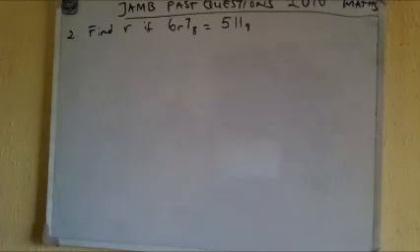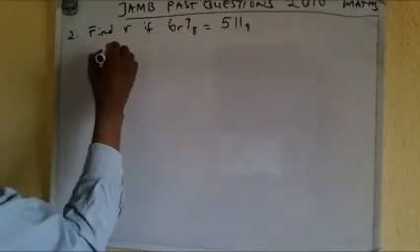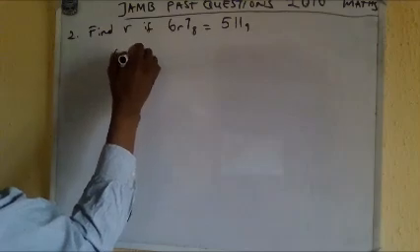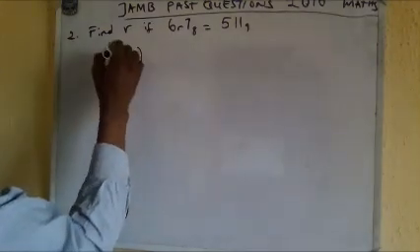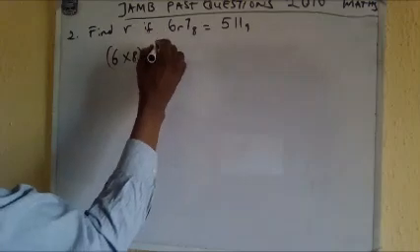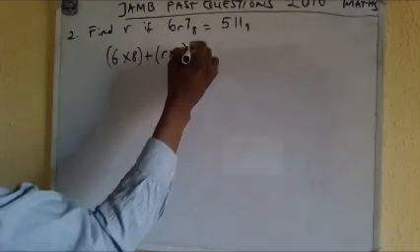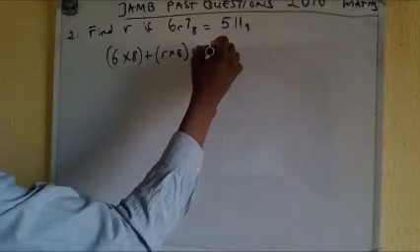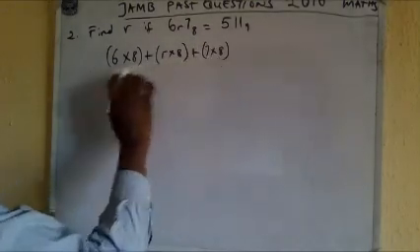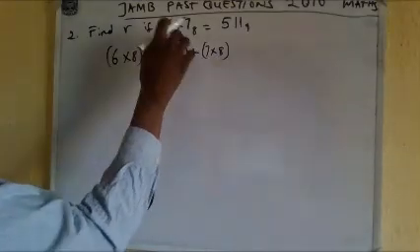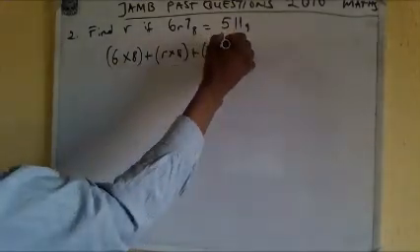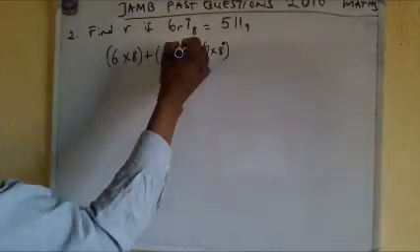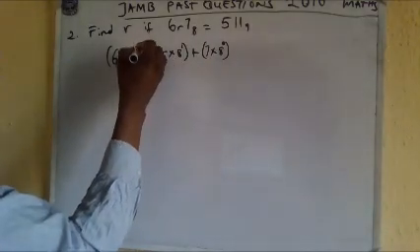See how we're going to do it. For this one, I will just say 6 times 8 plus R times 8 plus 7 times 8. Now, I'm trying to expand this to base 10. So 8 is having the power of 0, here power of 1, and here power of 2.